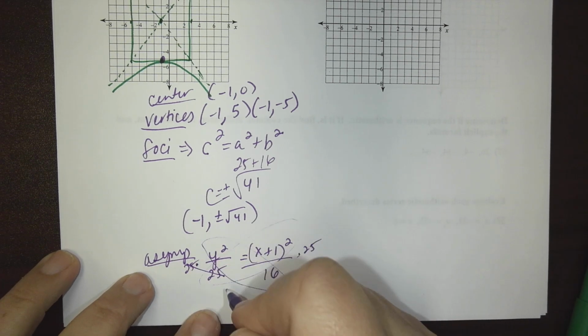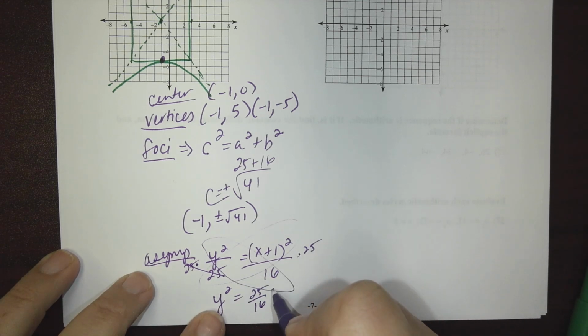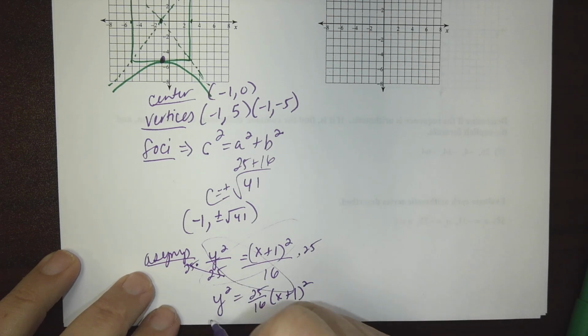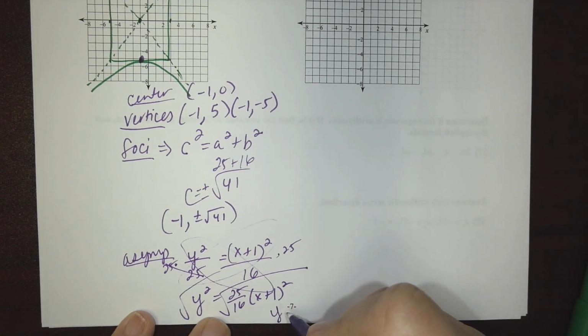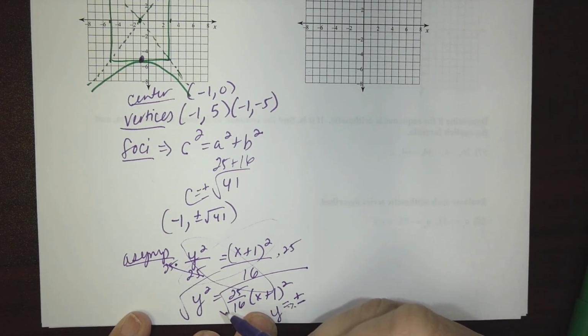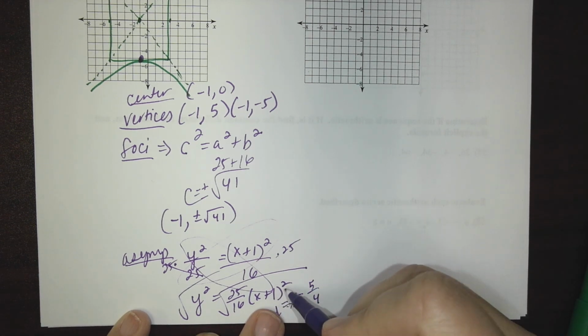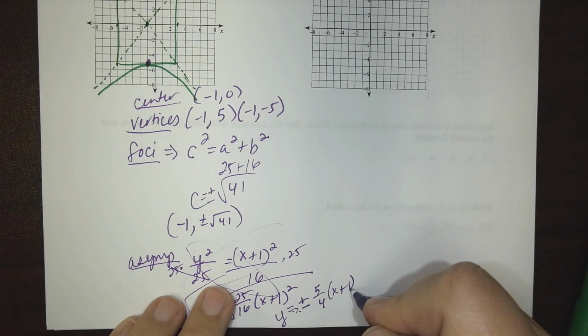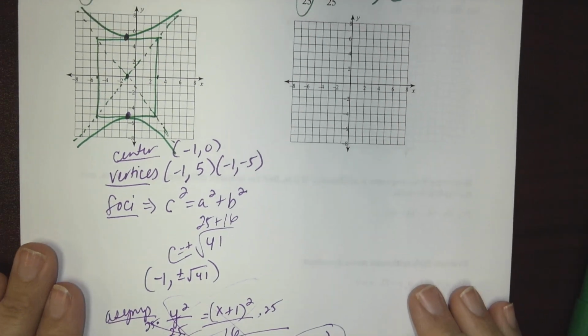Y squared equals, I like that 25 in front. And then take a square root. And you get y equals plus or minus, the square root of 25 sixteenths is 5/4, the square root of x plus 1 squared is x plus 1. And that's your asymptote equation.